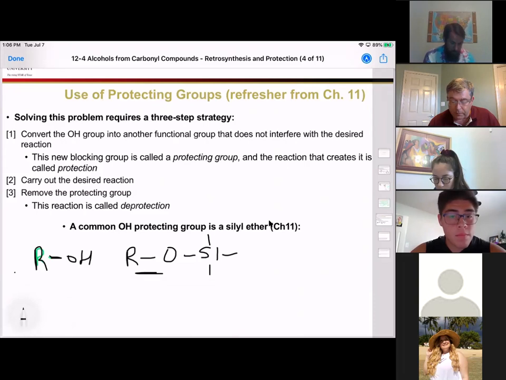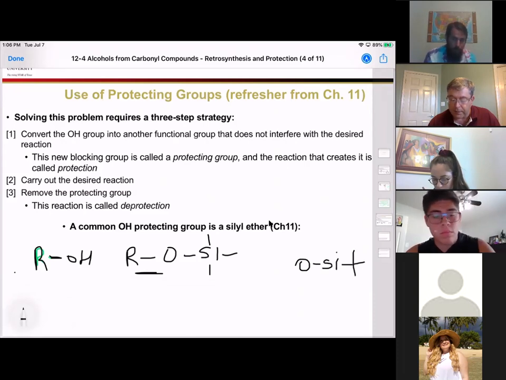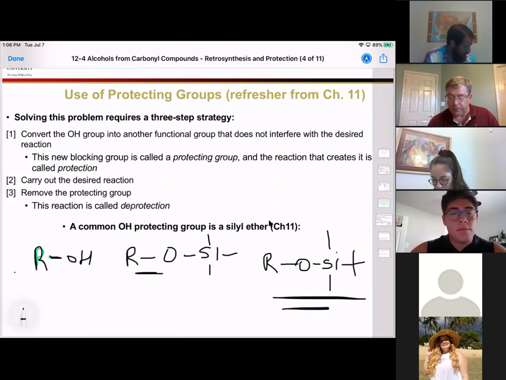And so what we can do is take our compound, and what that looks like is we have an Si right here with a t-butyl group on it and 2 methyl groups on it, okay? This is the group that you're going to use to protect your system here, okay? So how does this work, all right?